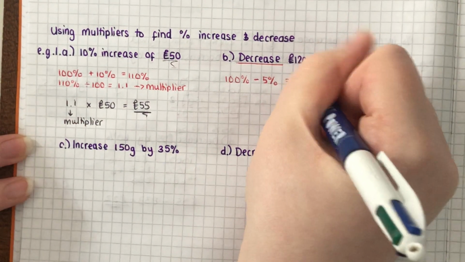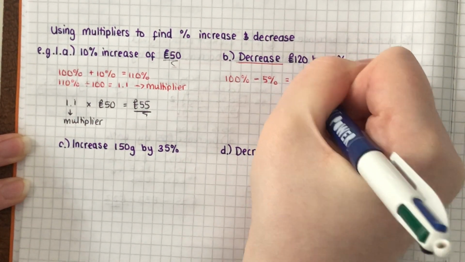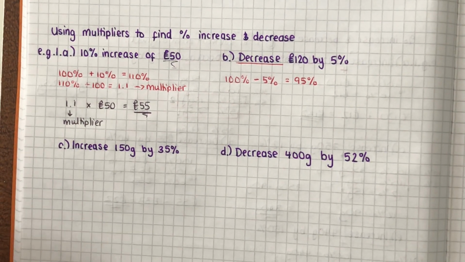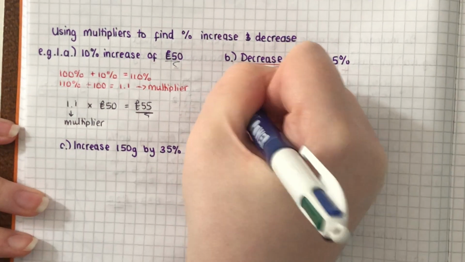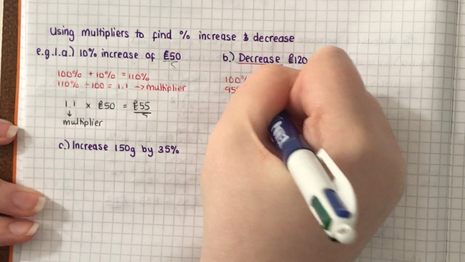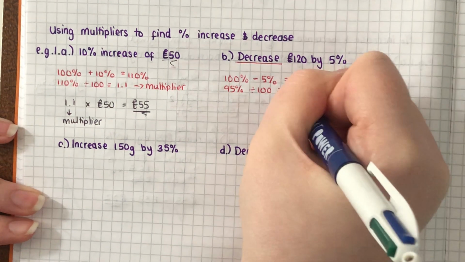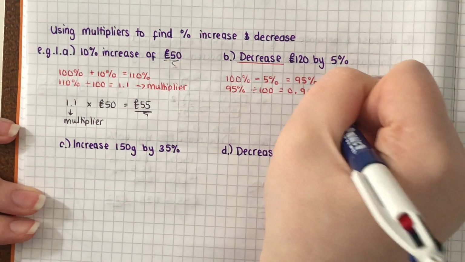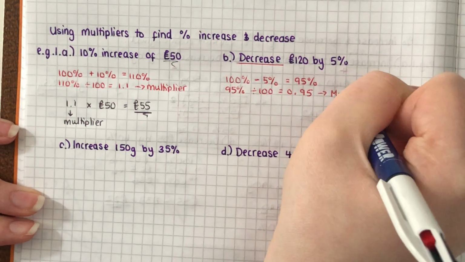So when we take those percentages away, that's 95%. So it means I have 95% left. But then I need it to be a multiplier, so I do that percentage divided by 100, which gives me 0.95. So this is my multiplier.